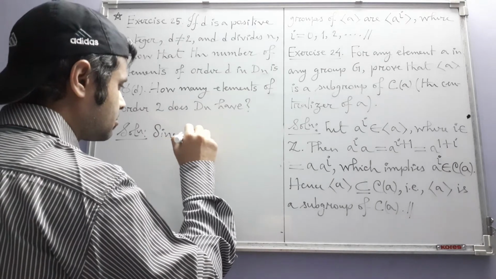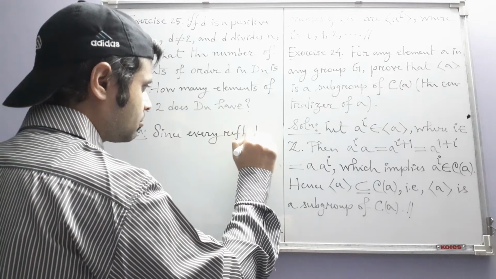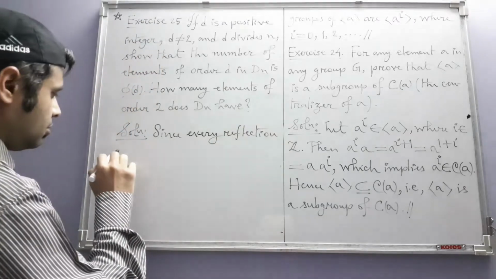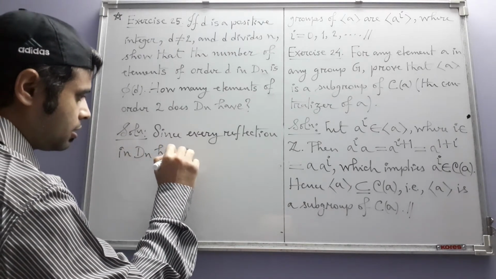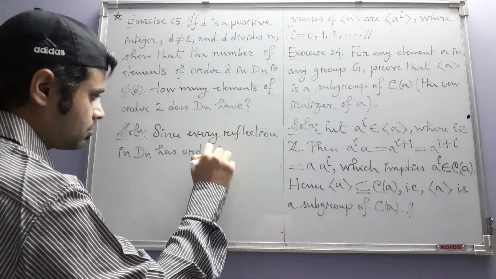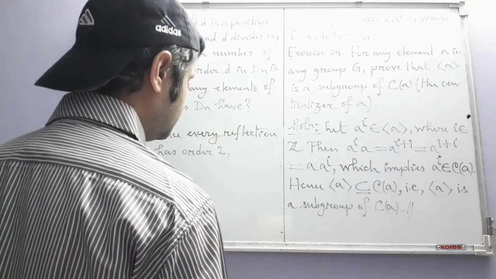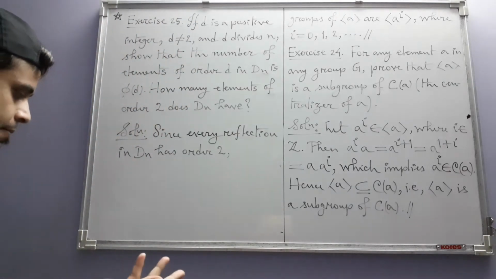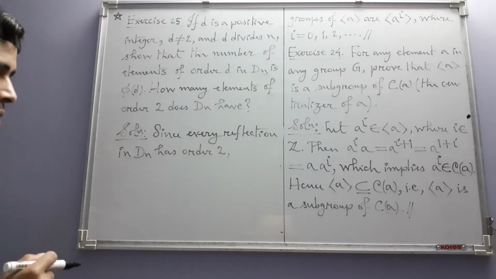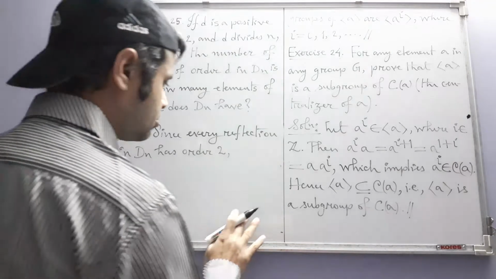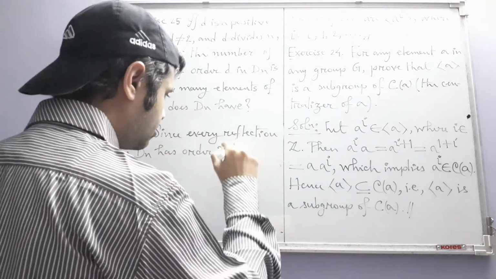Since every reflection in Dn has order 2, this is already known, except of course the identity, which you cannot think of as a reflection. It is a rotation through an angle of 0 degrees. Anyway, every reflection in Dn has order 2.